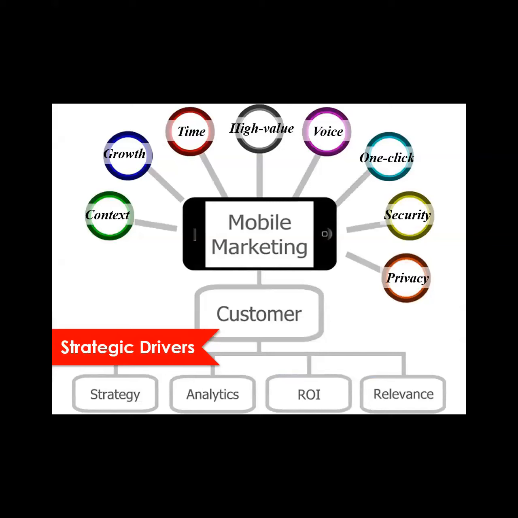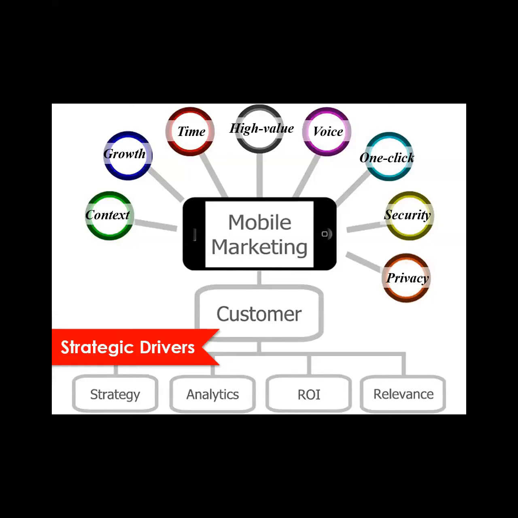They include context, growth, time, high value, voice, one-click, security, and privacy. Context includes localization and personalization. Growth includes social networks at the appropriate time. For example, we see a decrease in Facebook and an increase in TikTok.